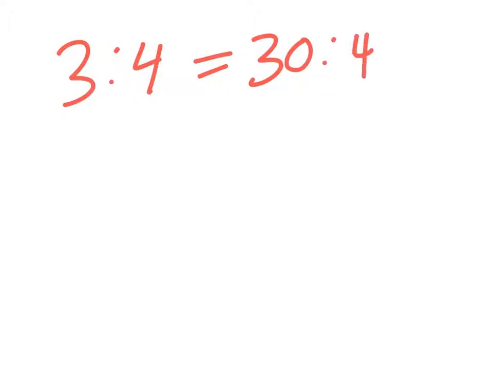If I have the ratio, let's say, 3 is to 4 as 30 is to 40, you may be able to look at this and see that yes, 3 is to 4, it looks like I've simply multiplied both numbers by 10. So they are equal. In any case, you could still test it the way we have been.